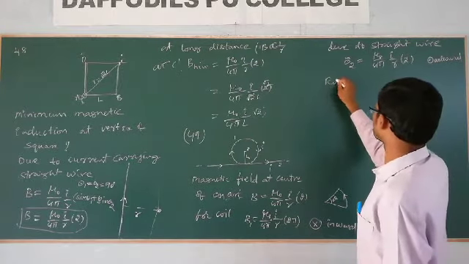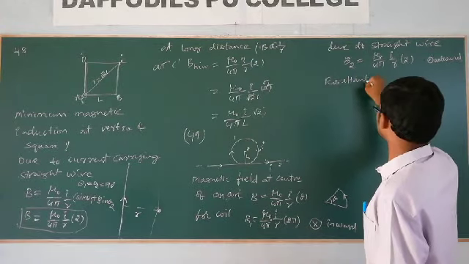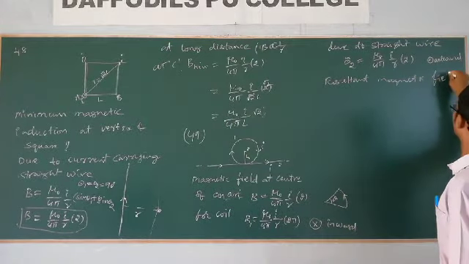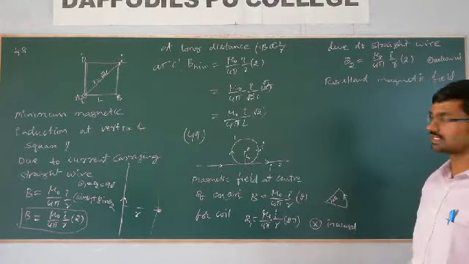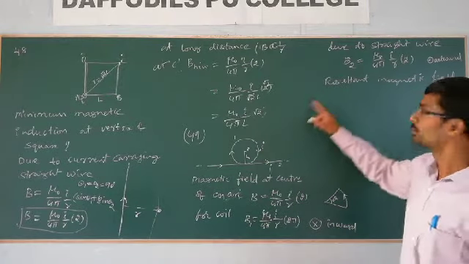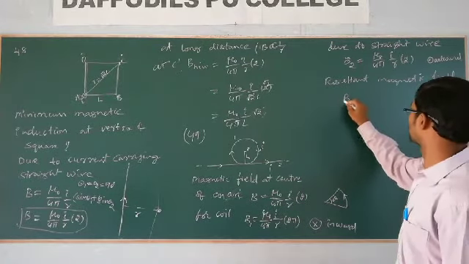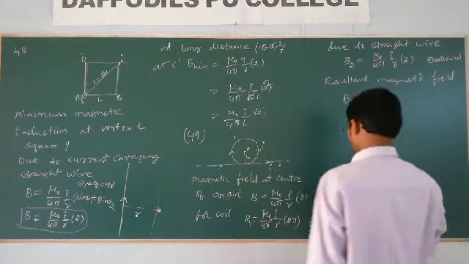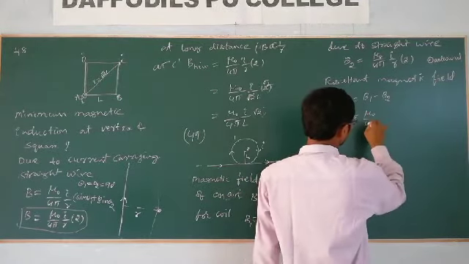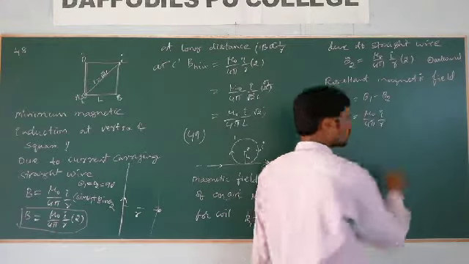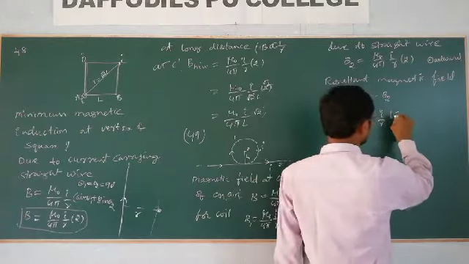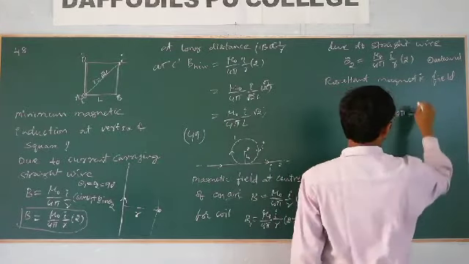Therefore, what is the resultant magnetic field here? B1 is inward, B2 is outward. Then B is equal to B1 minus B2. So let me write μ0 by 4π I by R into (2π minus 2).